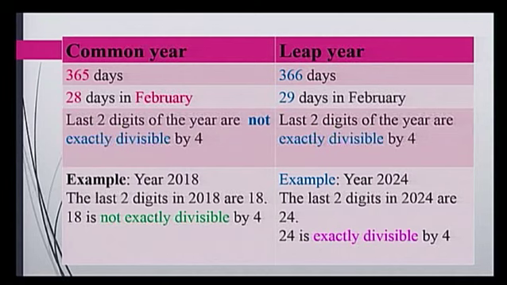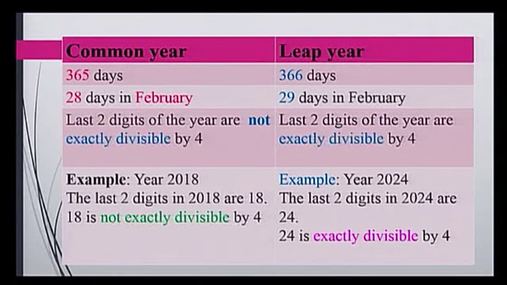Also, for a common year, the last two digits of the year are not exactly divisible by 4. We consider the year 2018 as an example. So the last two digits are 18, and 18 is not exactly divisible by 4. So this means that it is a common year.